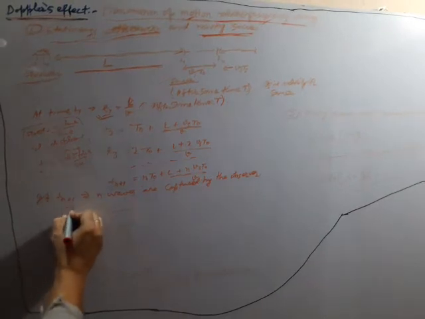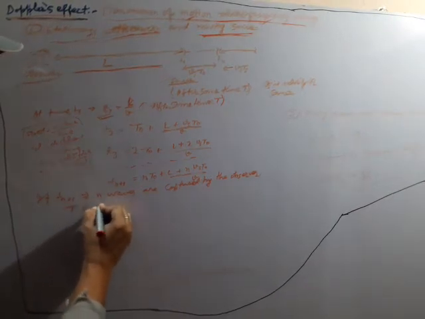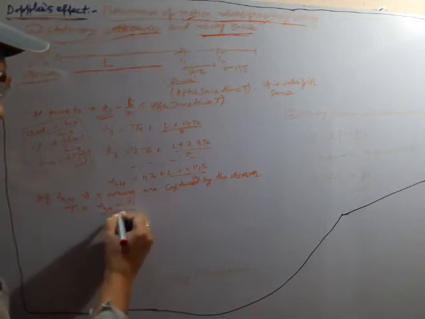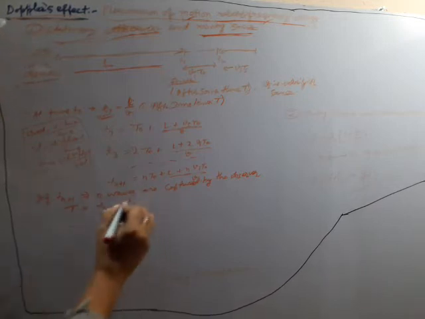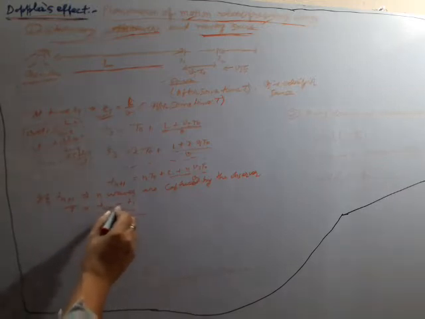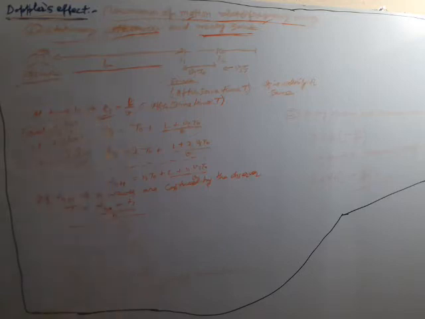Then T is equal to Tn plus 1 minus T1 by n. Try to understand: T is equal to Tn plus 1 minus T1 by n.